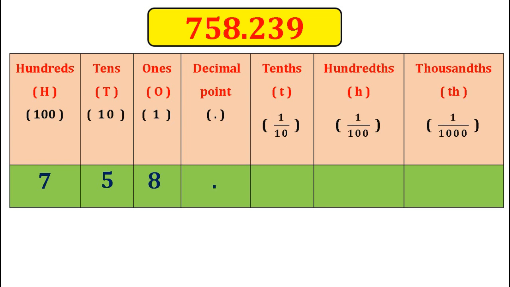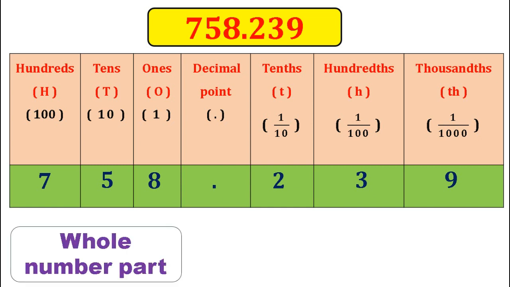Then we will put a decimal point. After the decimal point, we have the digit 2, which we are going to write under the tenths place. Next, the digit 3 will be written under the hundredths place. And lastly, we have the digit 9 written under the thousandths place.